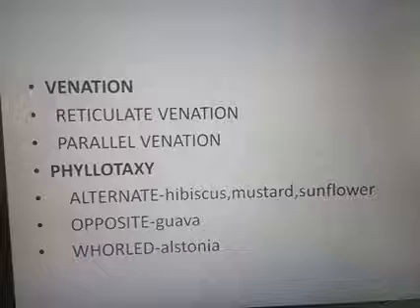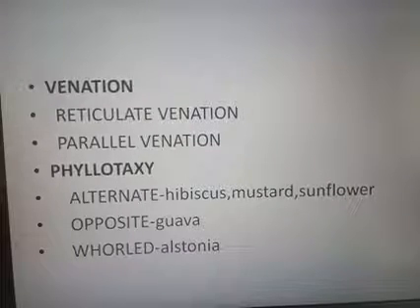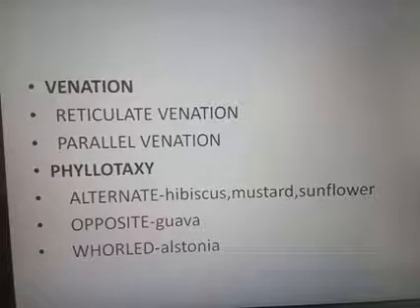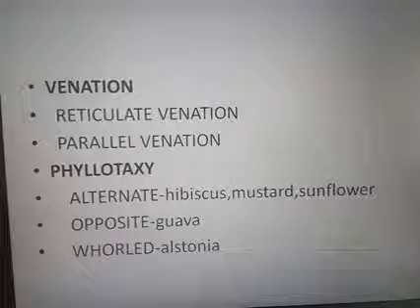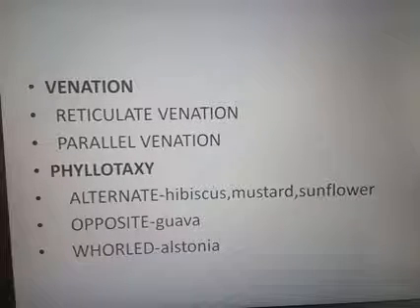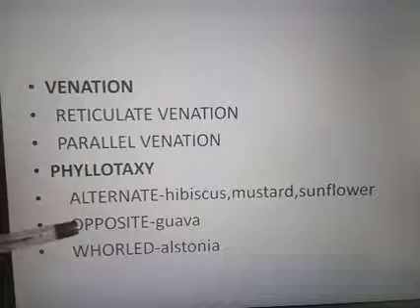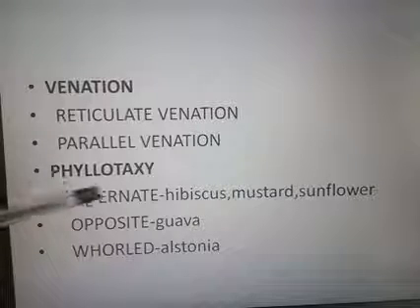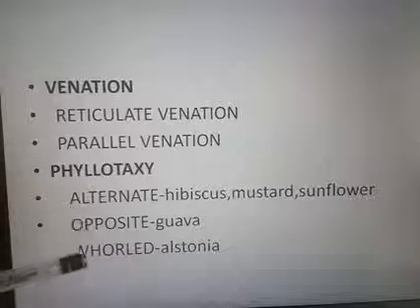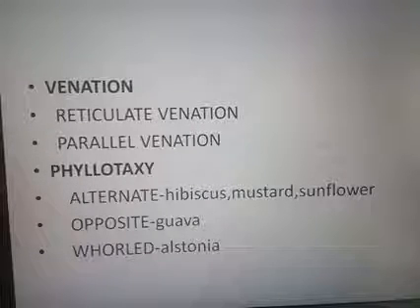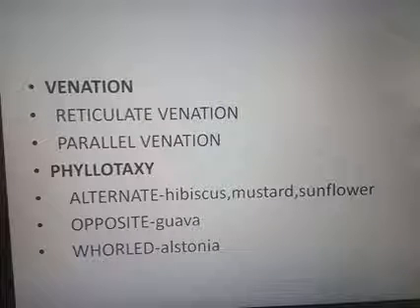Phyllotaxy means the mode of arrangement of leaves on the stem. On the basis of phyllotaxy, plants are classified into three types: alternate, opposite and whorled. Clear? Opposite, alternate and whorled.